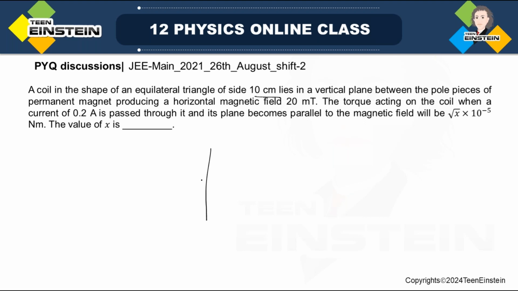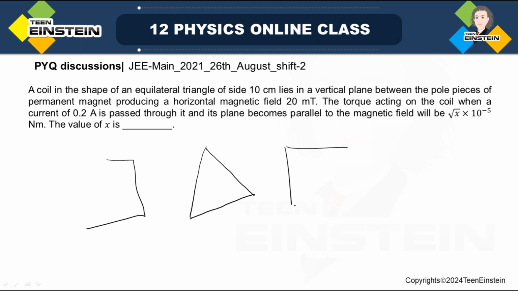Let us say this is the equilateral triangle in the vertical plane, between pole pieces, like this. Pole pieces means there will be N and S. These are pole pieces of the electromagnet.